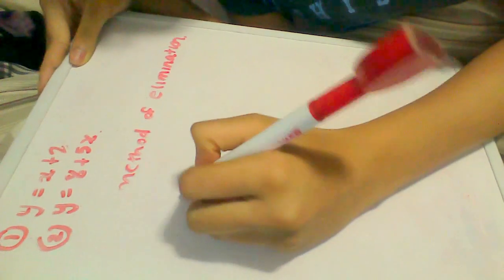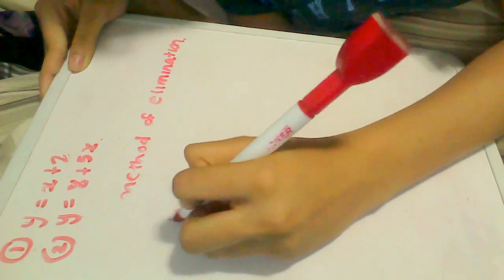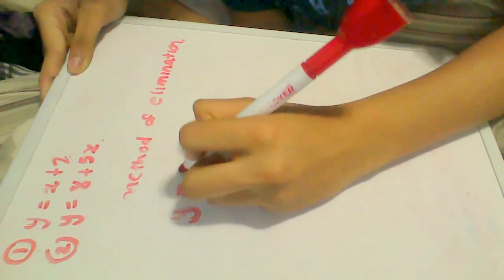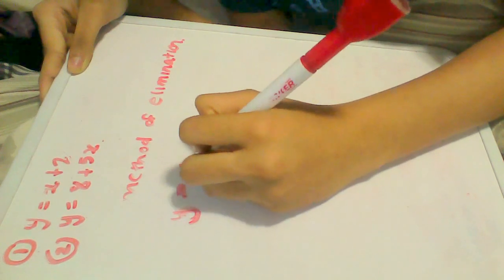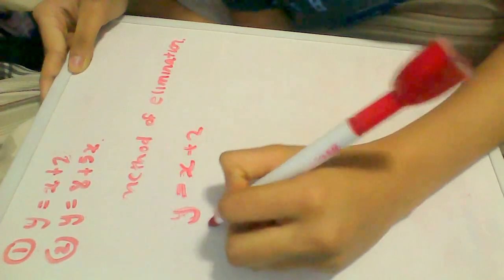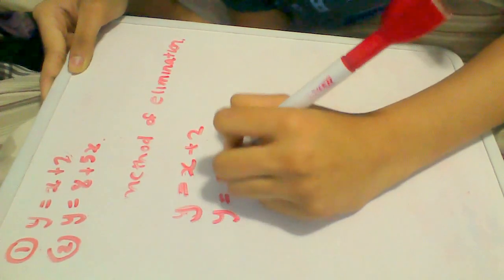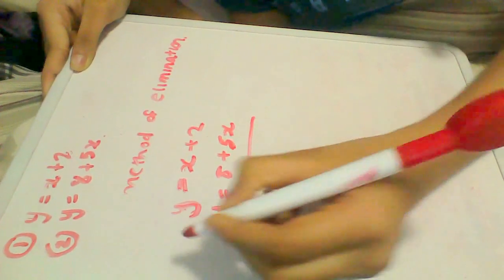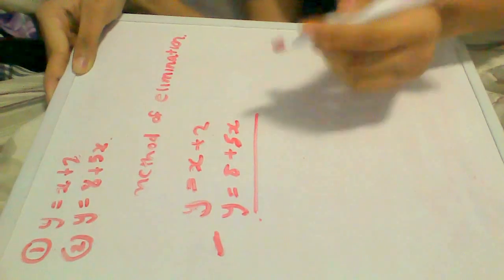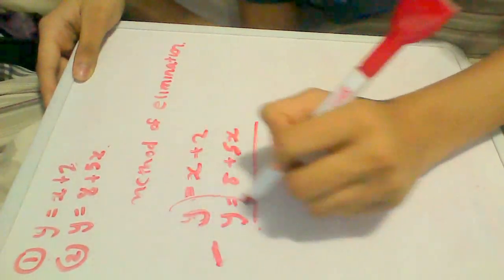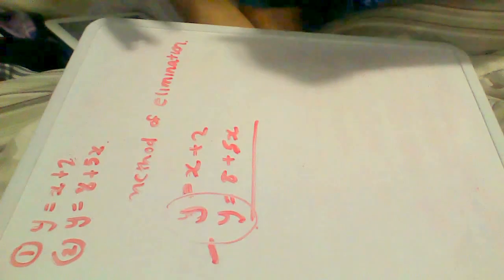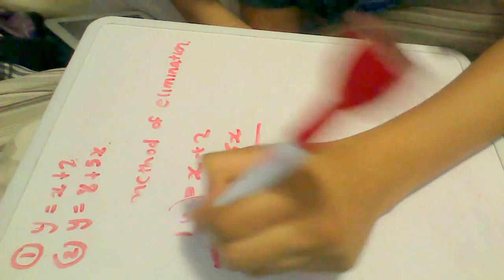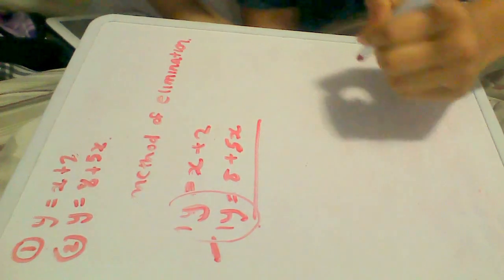Okay, so y equals x plus 2, y equals 8 plus 5x. Go ahead and subtract this. Because when you subtract it, these y's will cancel each other out. Because you know there's a 1 here and there's a 1 here, but we don't really show it.